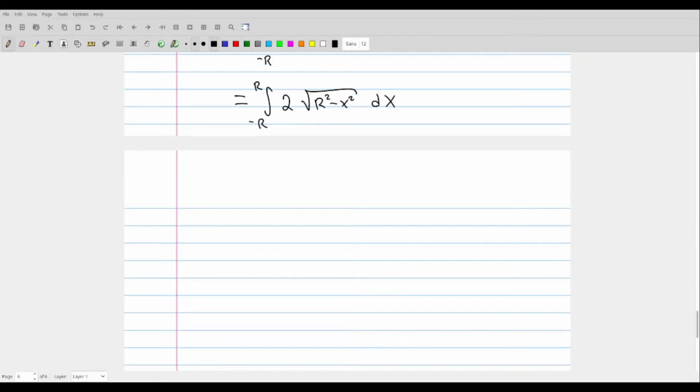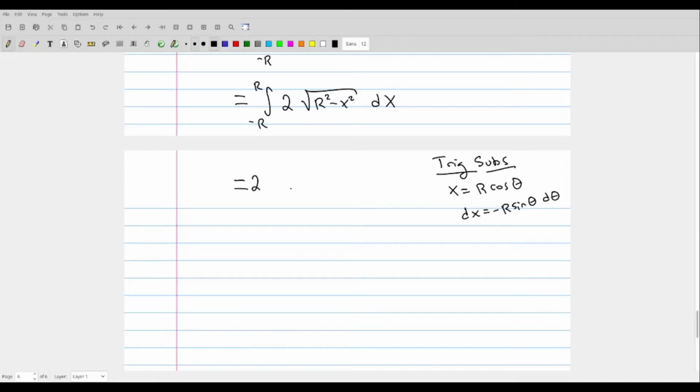And this integral we can evaluate directly using the method from Calc 2 of trigonometric substitution. Specifically, we'll substitute in x is equal to r cosine theta, which means that dx is equal to negative r sine theta d theta.